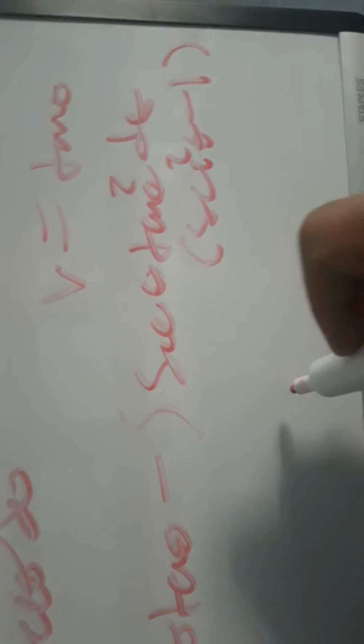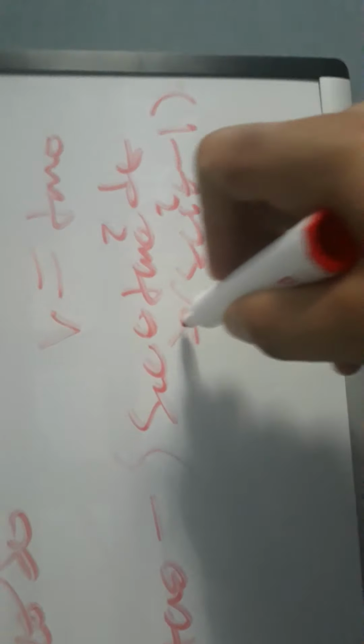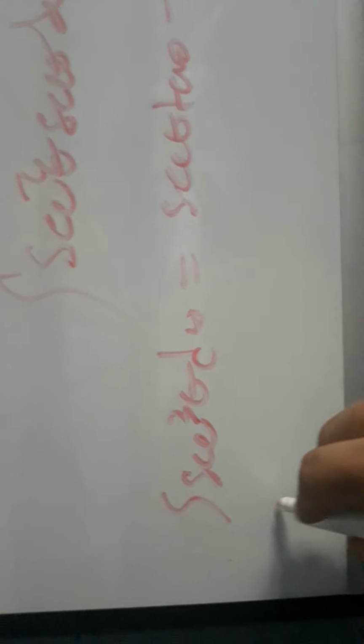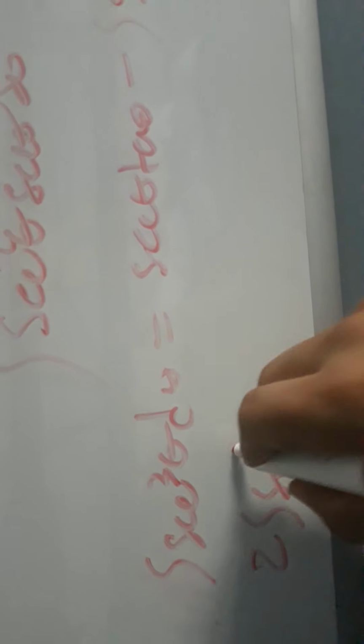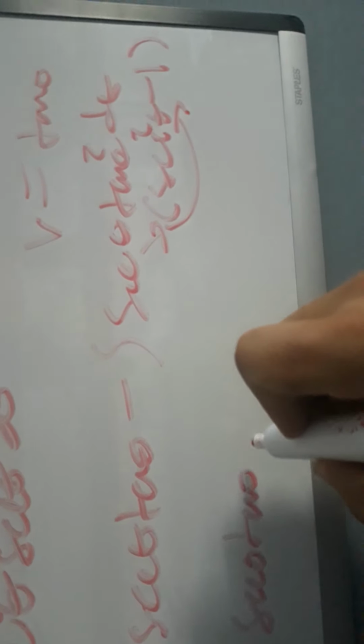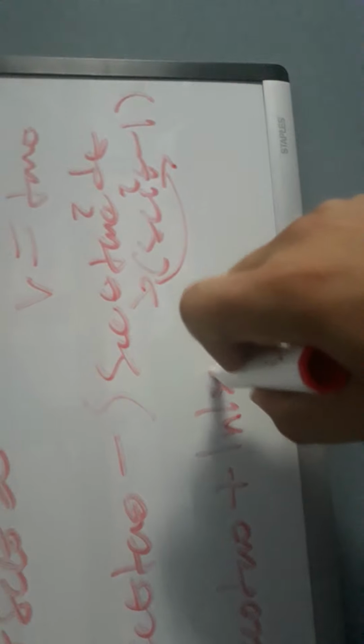So this becomes another secant cubed right here when you add this, and then this just becomes secant theta, which when I add this over to the other side makes this 2 secant cubed theta d theta, which is equal to secant theta tangent theta plus ln of secant theta plus tangent theta. I divide by 2, so it would just be all divided by 2.